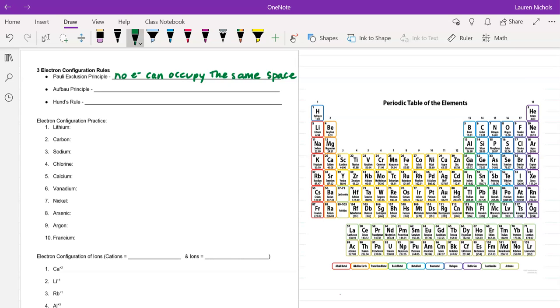And the Aufbau principle says that electrons are going to fill in the lowest energy level first. And so that means energy level 1 is going to be filled in before energy level 2. Energy level 3 will be filled in before energy level 4. And that is also why this D sublevel, which in this case are all of these lovely yellow boxes here.